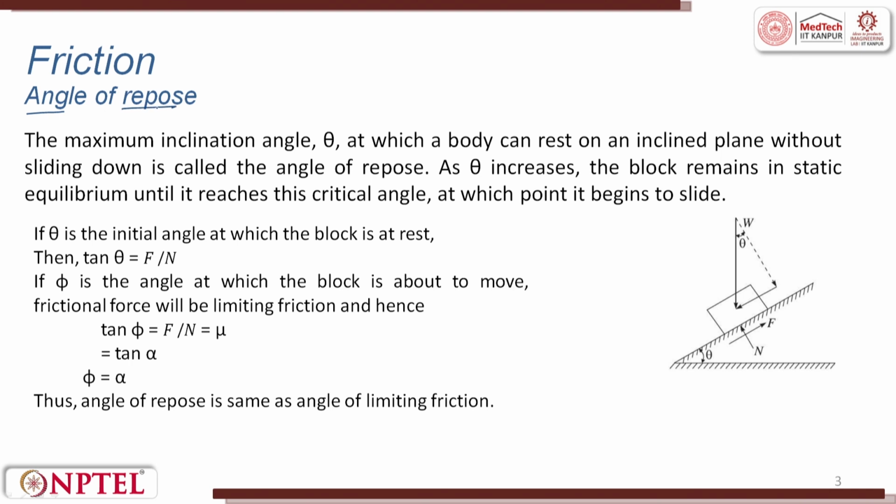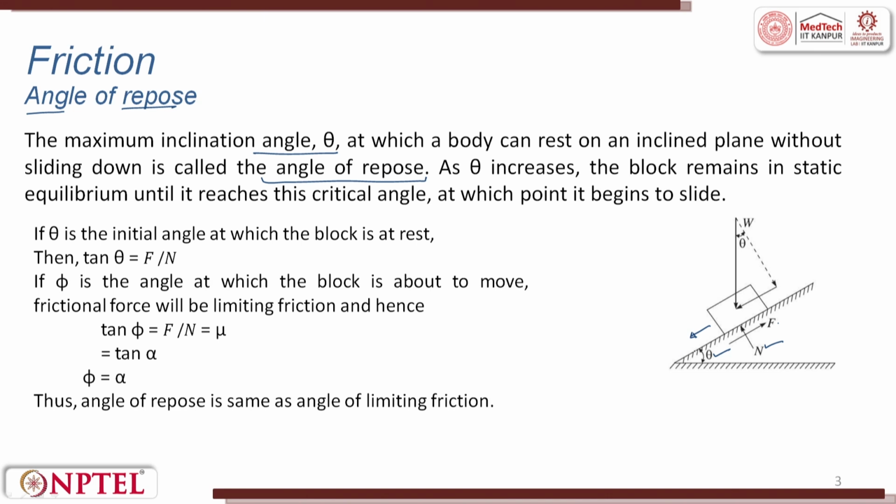If there is a body that is sliding over a slant surface with a slant angle of theta, and the normal force acting on the body from the bottom is N, the frictional force acting on the body F is determined here. So, the maximum inclination angle theta, at which the body can rest on an inclined plane without sliding down, is called the angle of repose. So, if it is at angle theta, it will stay here.